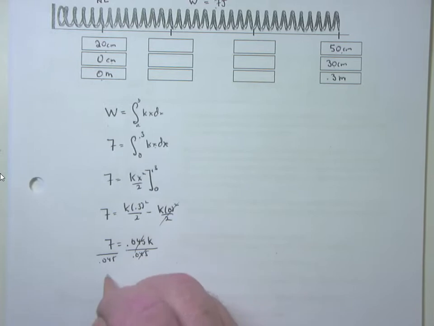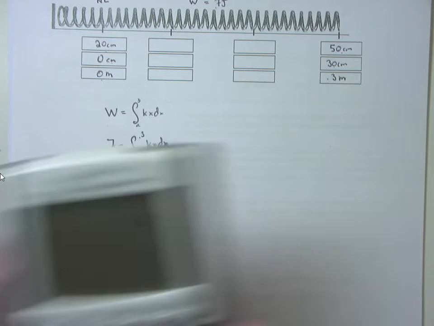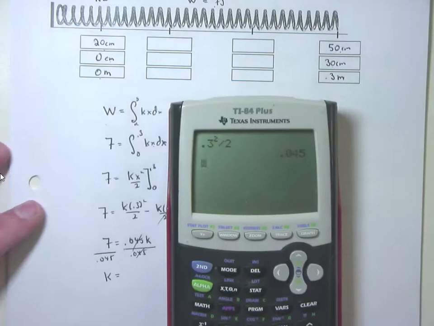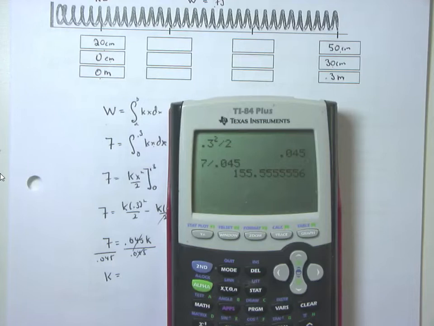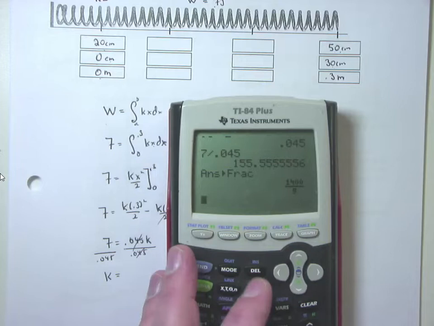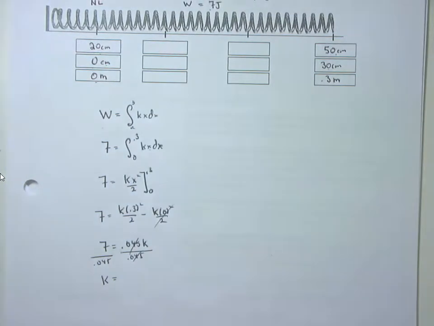So this cancels, and that leaves me K is equal to 7 divided by 0.045, which is 155.55556. I'm just going to make it convenient for myself and convert it to a fraction. That is 1400 over 9. That is my K value.